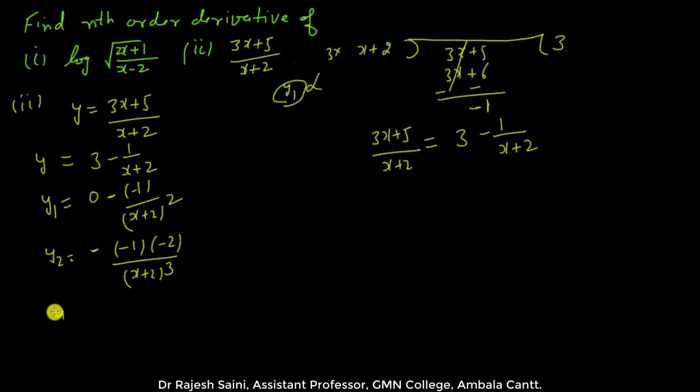One more time, let us do it and see what happens. Minus 1 minus 2 minus 3 divided by x plus 2 raised to the power 4. Fine, now we will try to generalize.